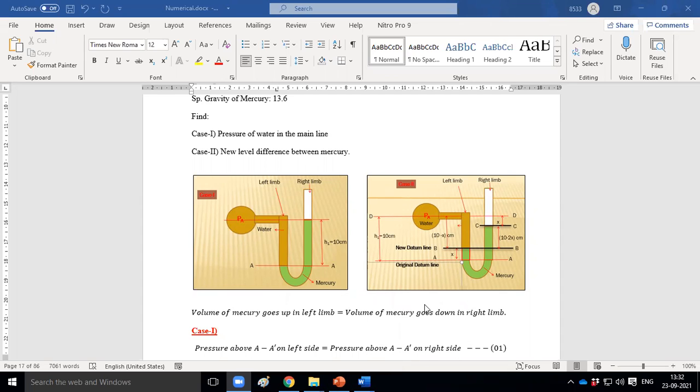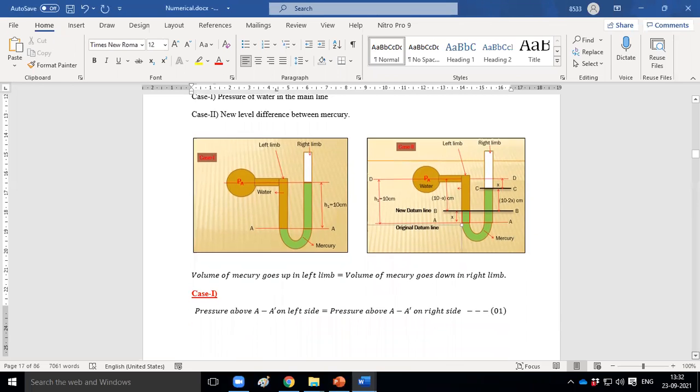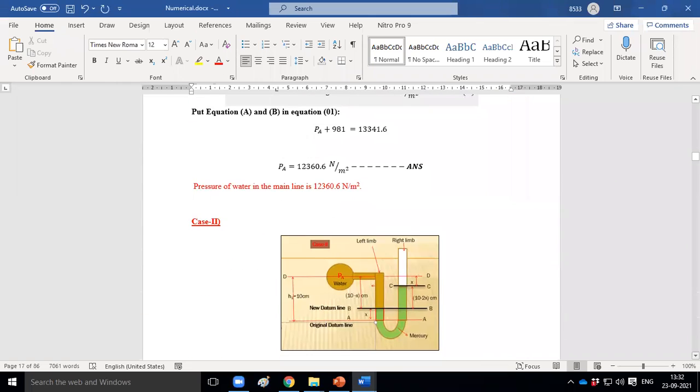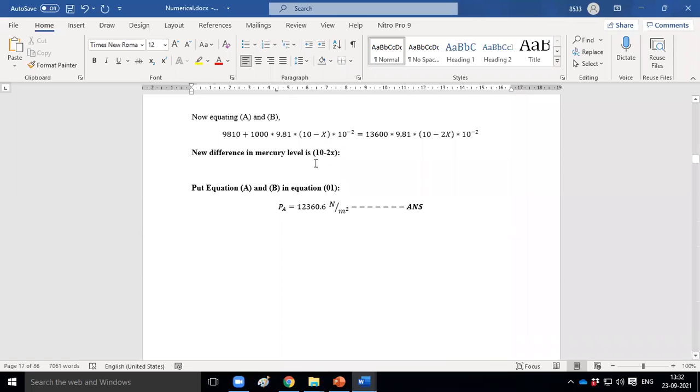Okay, this part 1 is 91.8 minus 9.81 into x. You can again simplify it for the B equation and tell me what will be the value of x in this second case.